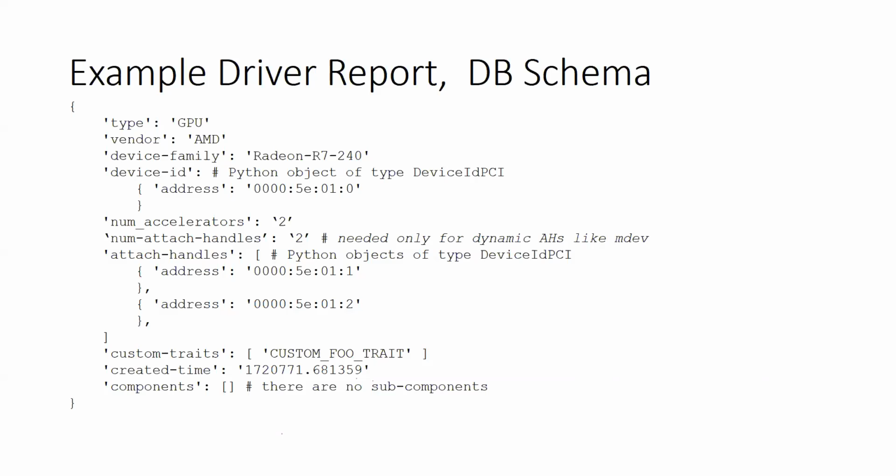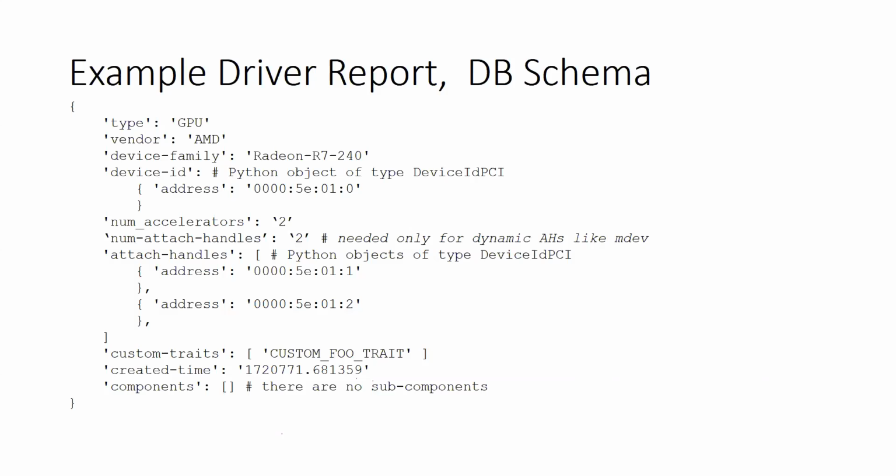The base class is just a generic object, but in the particular case of one card, it could be a derived class like device ID is PCI in this case, and it happens to contain an address. We can even decompose this into bus, device, function, etc., as such, okay? Or it could be a device ID location code, or a device ID DRC, or whatever people want to do. But basically, this one object here.